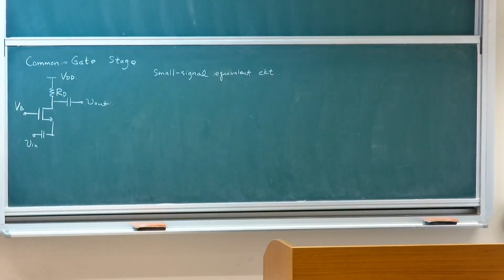We're also going to separate this in two stages. We're going to assume that first output resistance is infinite and the other is RL is finite.